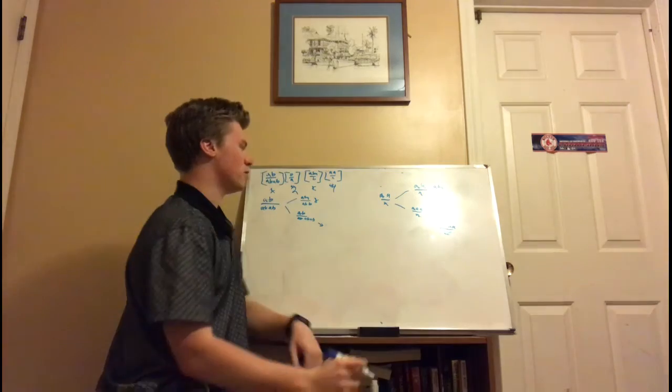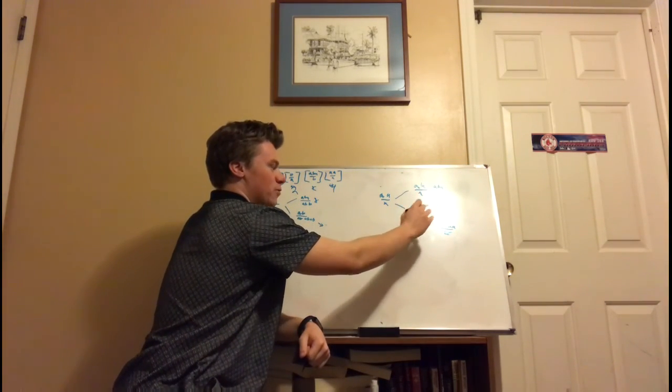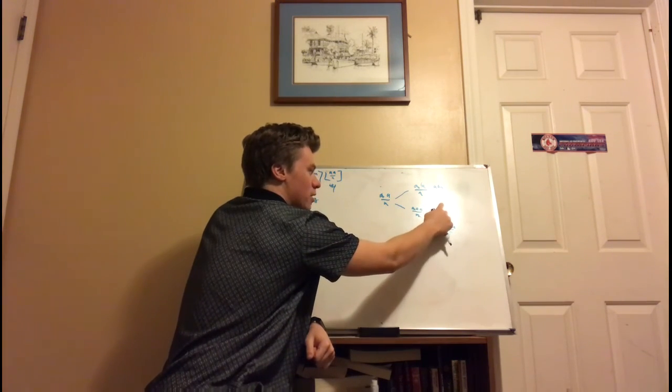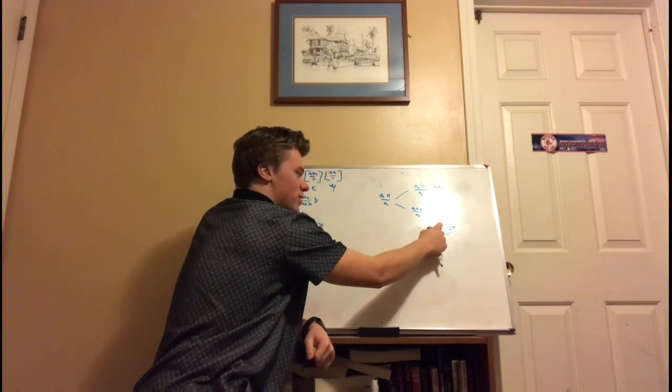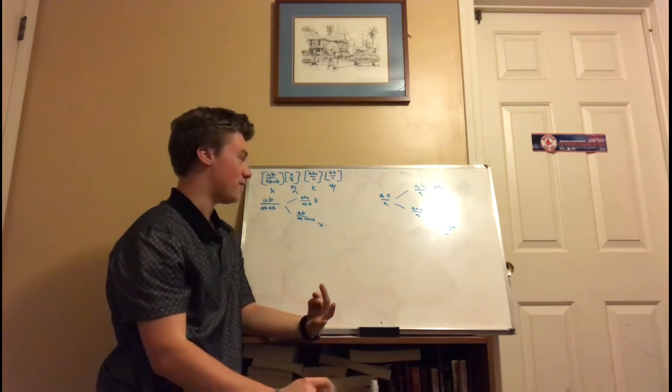So from here, we have ABA on top, nothing on the bottom. AAB with A. We have AB on the top with nothing on the bottom. And we have AAA on the top with nothing on the bottom. Those are the 3 possibilities we have.